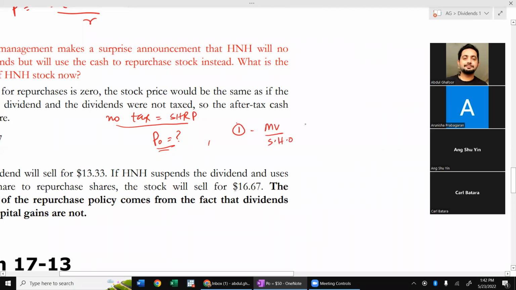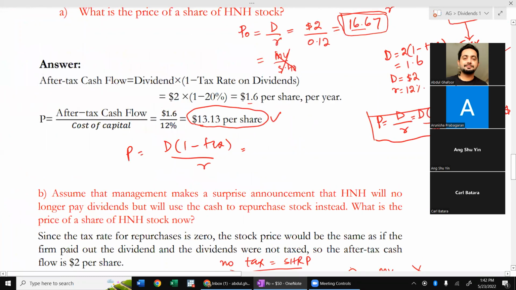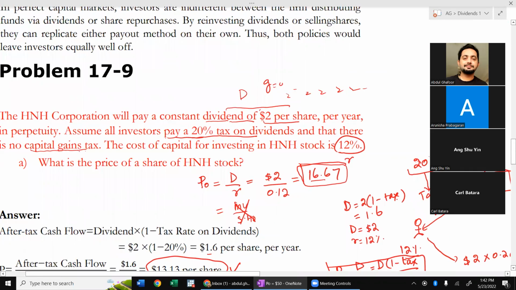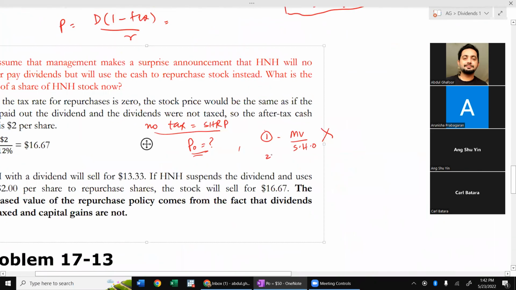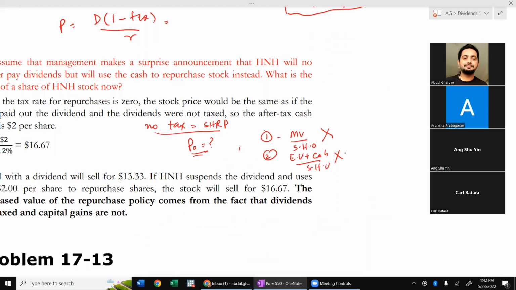You are saying, sir, there is no information for this. Then what else is given? There is no excess cash given, nothing is given, right? We could calculate market value through enterprise value plus cash divided by shares outstanding. Since this information is also not given, how can we calculate the price of the stock now?